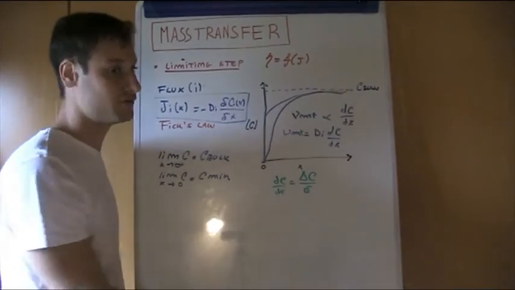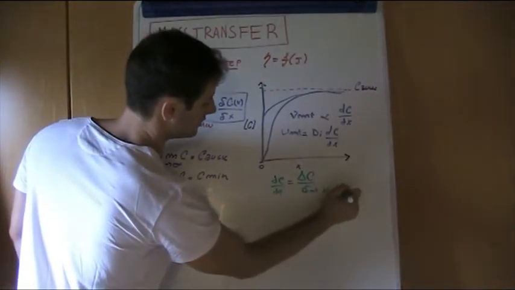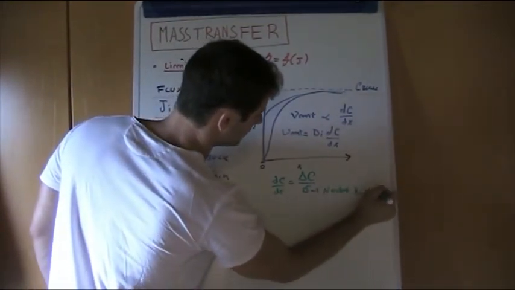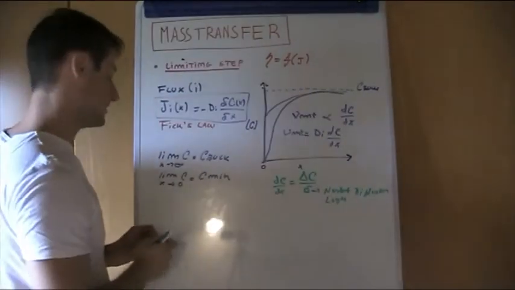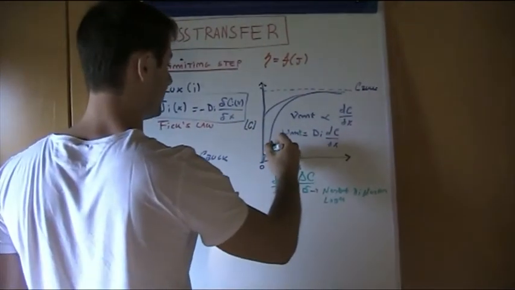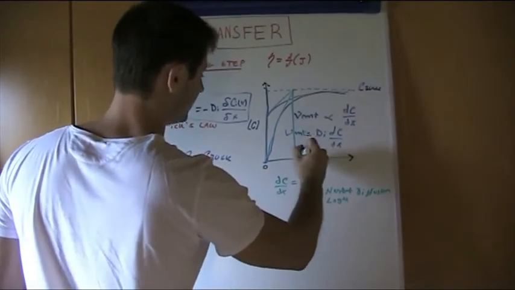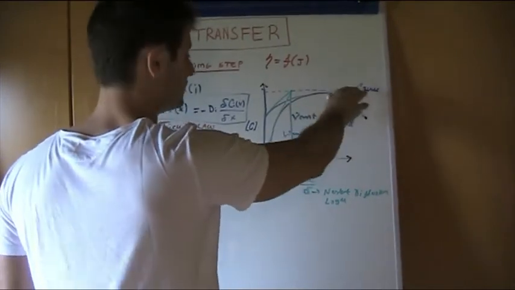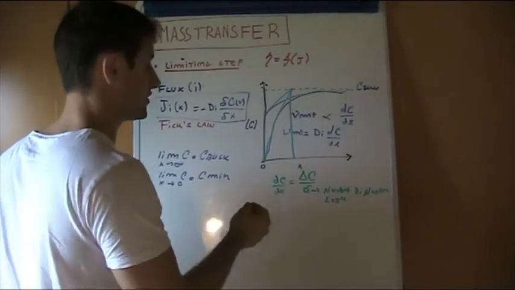This is the Nernst diffusion layer. So basically what we are doing is considering something like this. We are transforming this exponential asymptotic trend into something different and simpler.